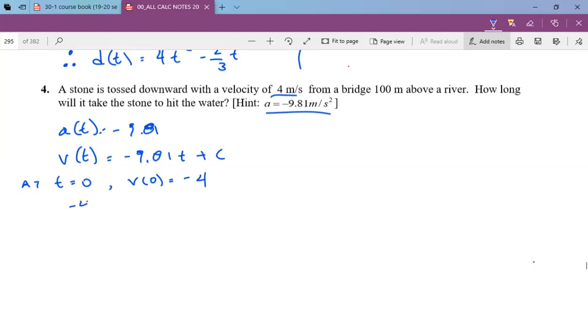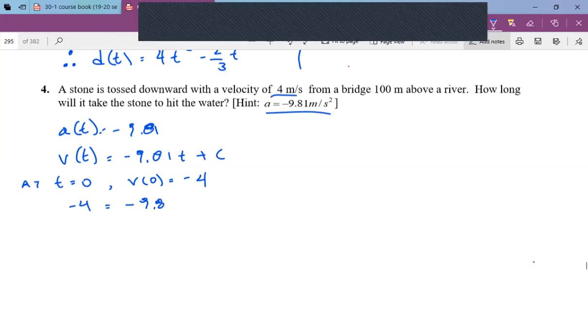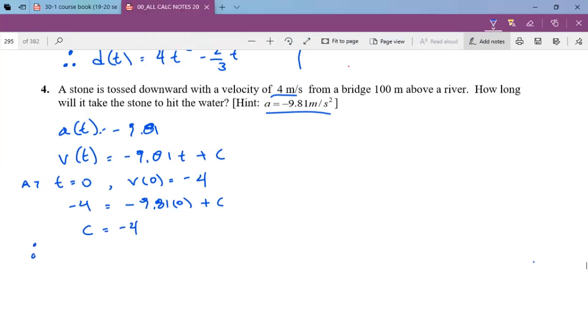And we have negative 4 is equal to negative 9.81 times 0 plus c. C is equal to negative 4. Our velocity function is equal to negative 9.81 t minus 4.